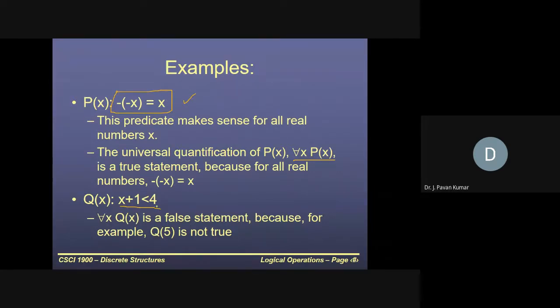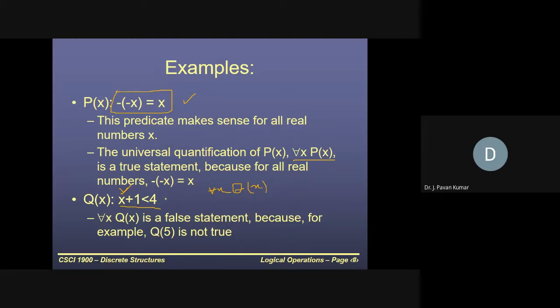Now consider here x plus 1 less than 4. Can we put for all x, Q of x? What does it mean? For all the values of x, Q of x is true. Suppose you put x value as 1, then it is fine. If x value is 2, then also it is fine. X value as 0, then also it is fine. But if you put x value as 3, then 3 plus 1 is 4, and 4 is not less than 4.